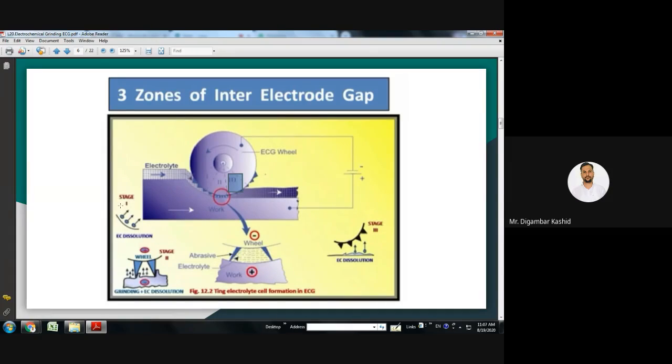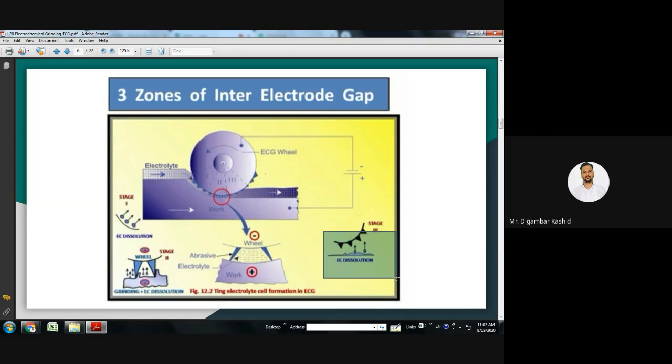You can see here the material removal. In stage 1, only electrochemical dissolution will take place. In stage 2, grinding plus electrochemical dissolution will be there, and material removal takes place. And in the third step, now I'm going to talk about this.